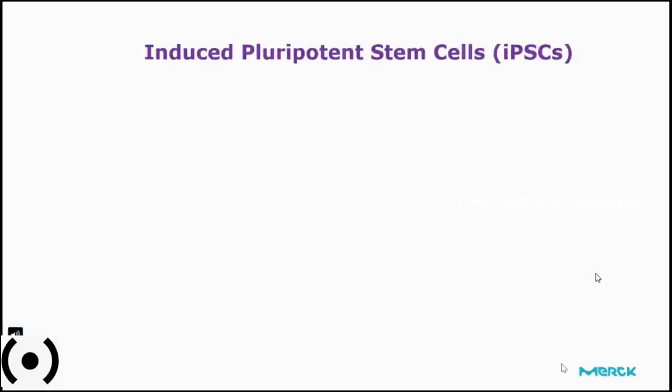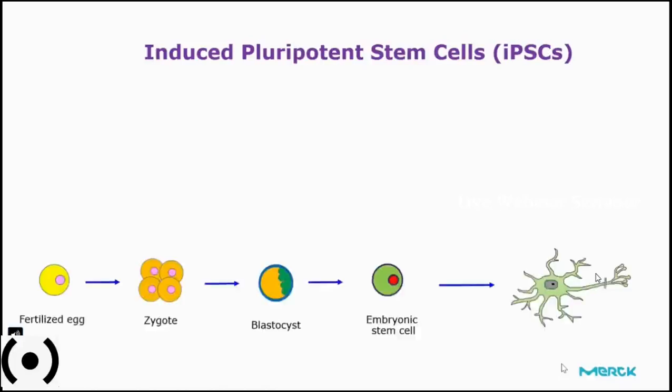So the concept of induced pluripotent stem cells was first given by Shinya Yamanaka in 2006. Now, as you can see, what happens in the normal process? From a fertilized egg, you get a zygote. From the zygote, you get a blastocyst. From the blastocyst, you get embryonic stem cells.